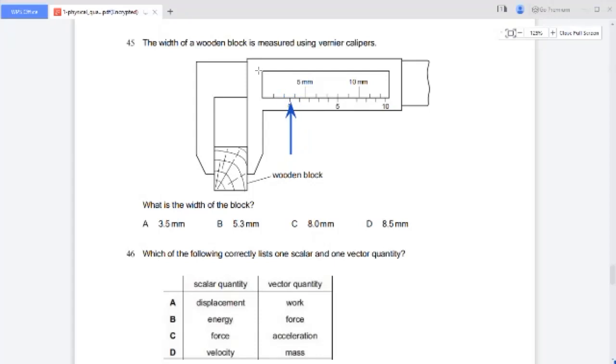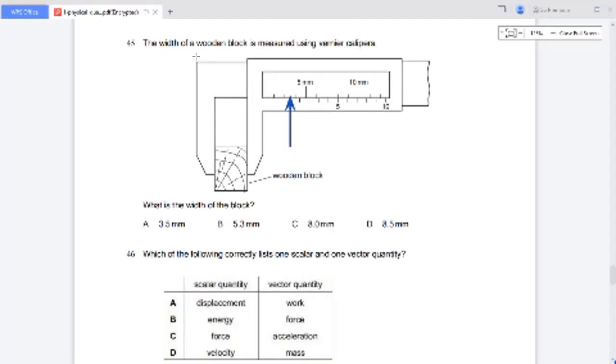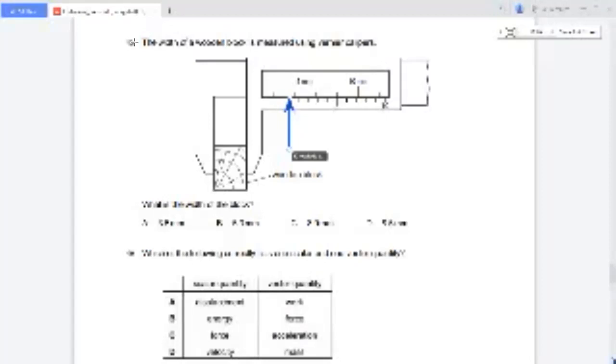So Vernier scale 0 is in between 3 and 4 on the main scale.